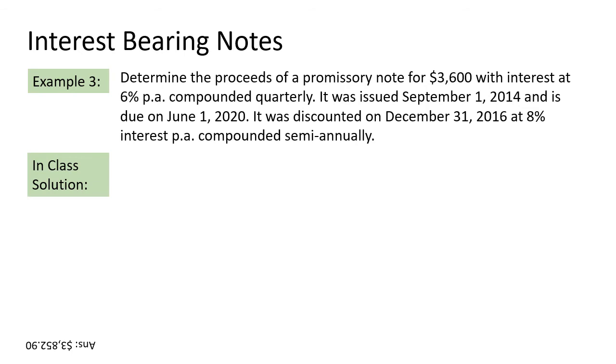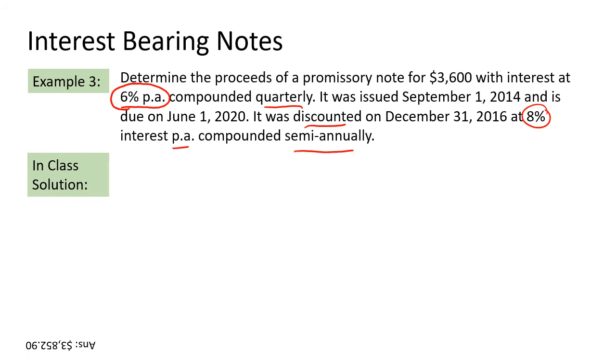So there's a couple things you can notice here. Notice there's 2 interest rates. The promissory note interest rate when it was initiated, 6% per annum compounded quarterly, and the interest when it was discounted or paid, which was 8% per annum compounded semi-annually.